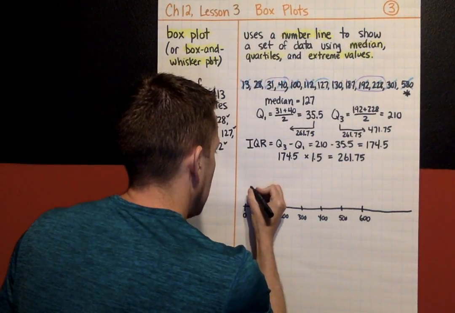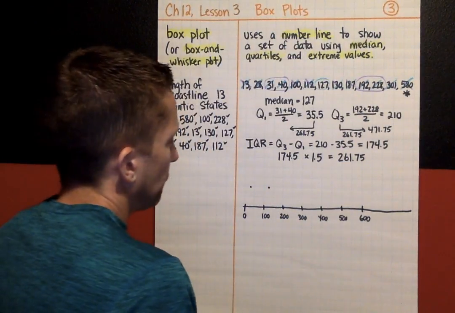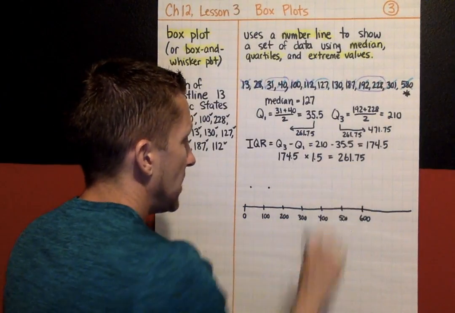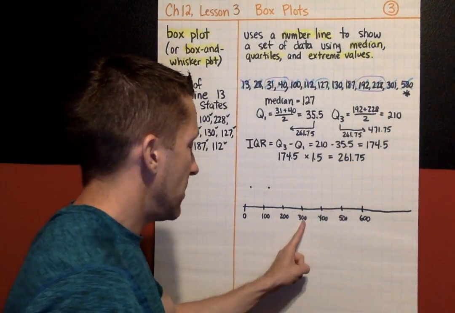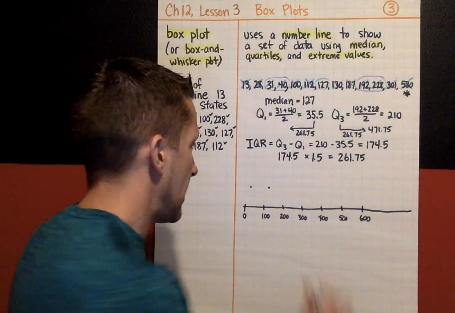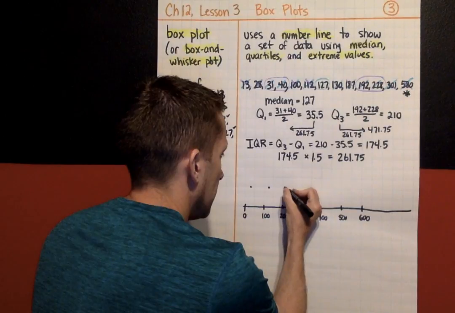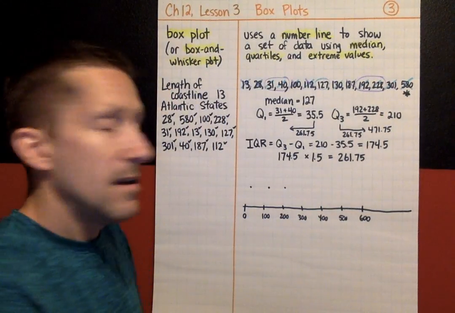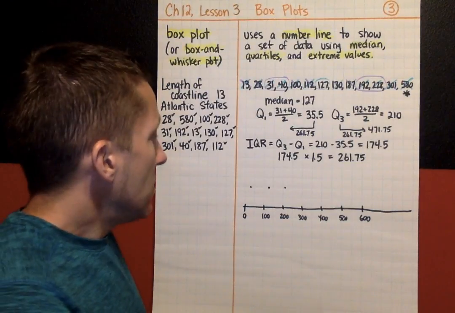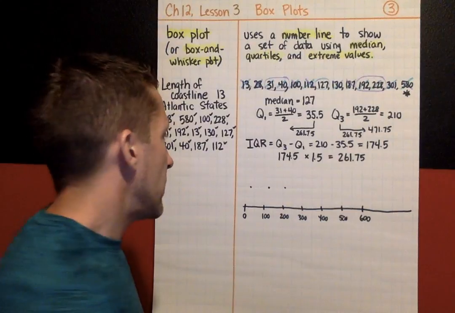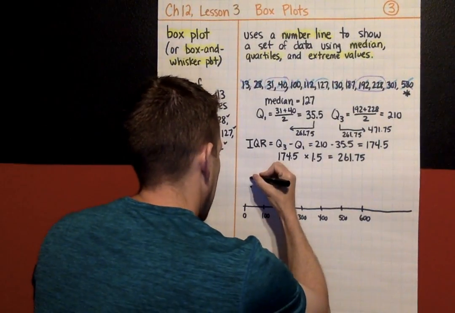So maybe right there. Okay, next, Q3, 210. Well, here's 200, here's 300, here's 250 in the middle, so it's going to be closer to this line, but close, 210, right there. So now, from Q1, the median, and Q3, we make a rectangle.